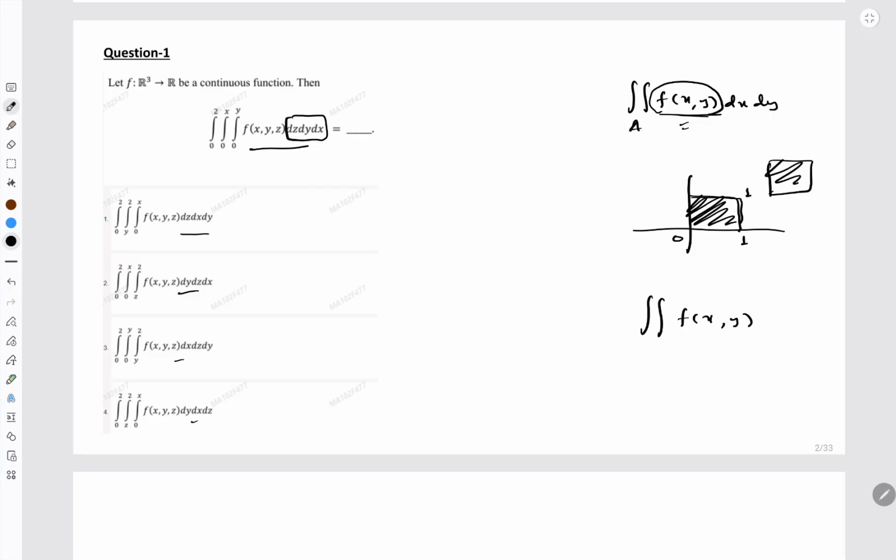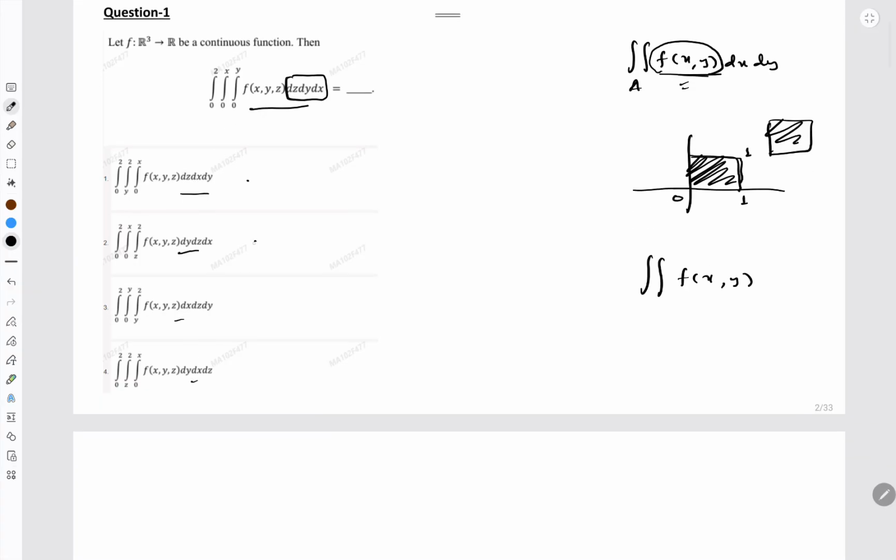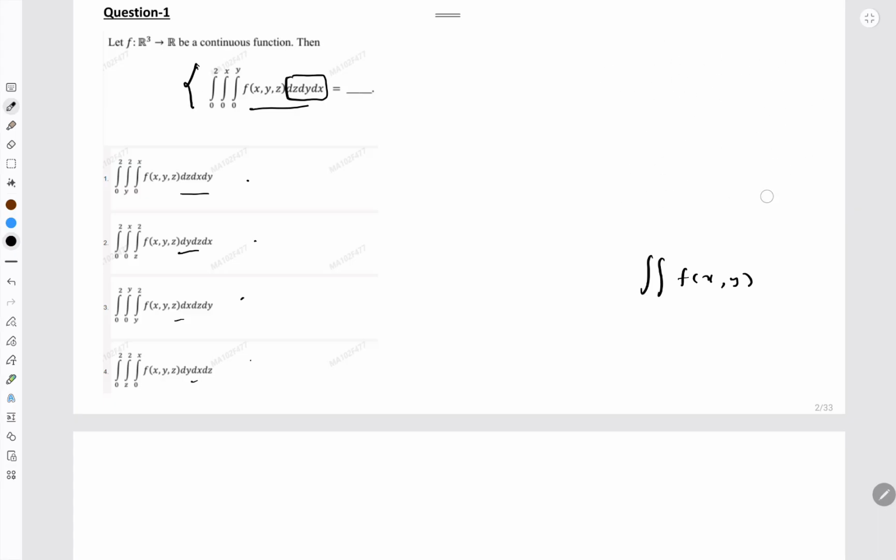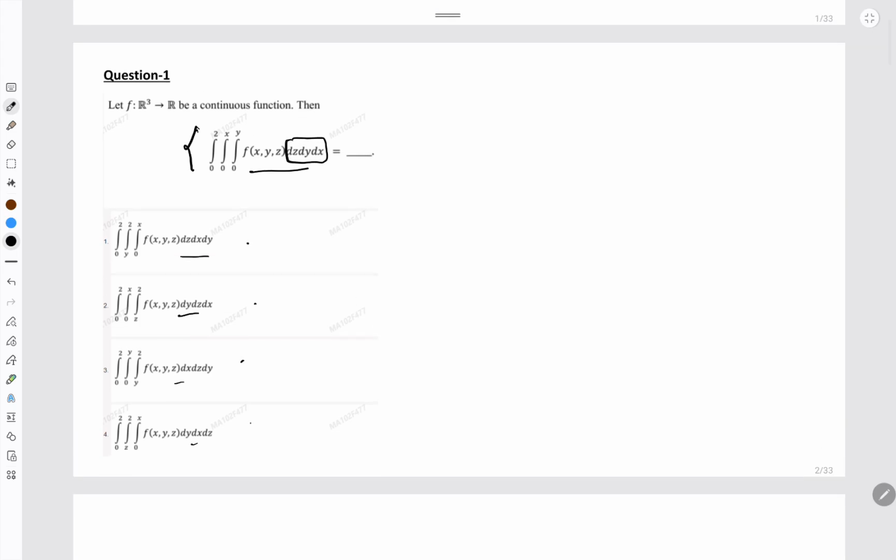So basically, we need to see which of these options corresponds to the same region that is described by the given question. So in the given question, z must range from 0 to something, y must range from 0 to x, and x must range from 0 to 2.